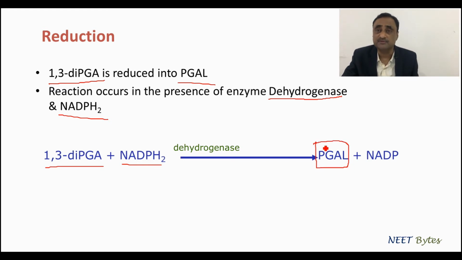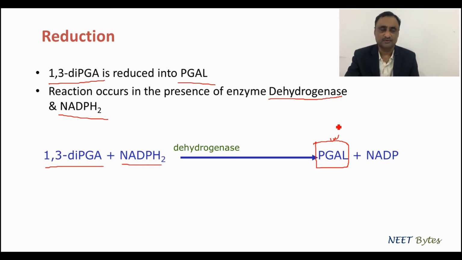Now this phosphoglyceraldehyde acts as the material which will regenerate a number of intermediate molecules of the Calvin cycle, and eventually glucose is fixed and the CO2 acceptor ribulose bisphosphate is formed. But before that, one important component is formed, RuMP, and ribulose monophosphate utilizes 1 molecule of ATP, and thereby the RuBP is formed, right?